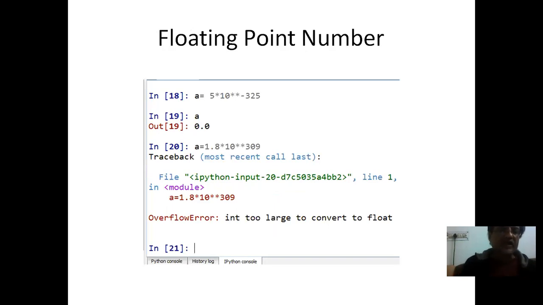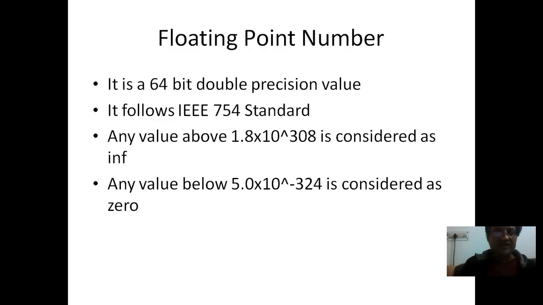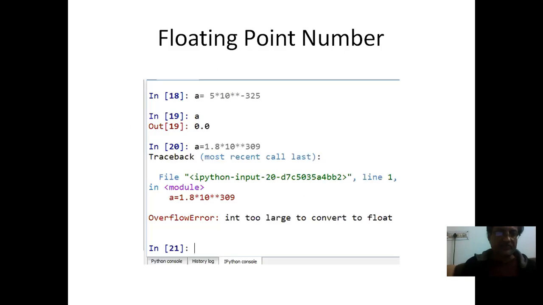If you are multiplying a is equal to 5 multiplied by 10 to the power minus 325, the value of a is very negligible, and it is showing the value of a is equal to 0. Because, as I already discussed, any value below 5 multiplied by 10 to the power minus 324 is very, very low and is considered as 0. So that's why the computer is showing it here.